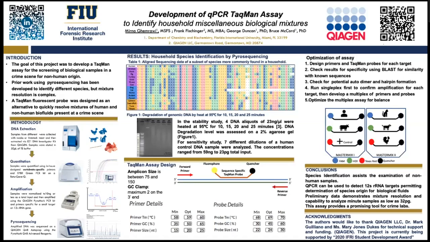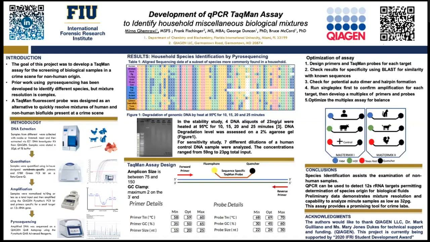Well, in any case where you know that you have non-human DNA, because let's say you ran the quant for human DNA and you didn't find enough, or you know that it's a mixture just by some presumptive tests that you ran, some antigen-antibody test, whatever, then you know that it's non-human. You want to know what species because it might give you an investigative lead in your casework.